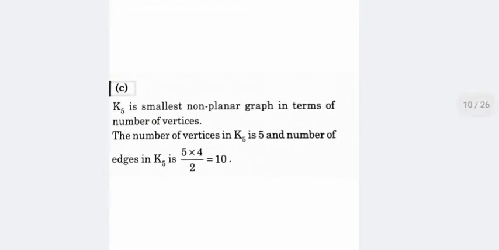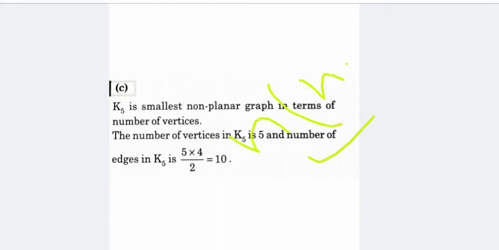Here, the smallest non-planar graph is K5, and it has the minimum number of edges. On the basis of the formula n(n minus 1)/2, putting this formula in, we get a total of 10 edges and a total of 5 vertices, which means option C is the correct answer.